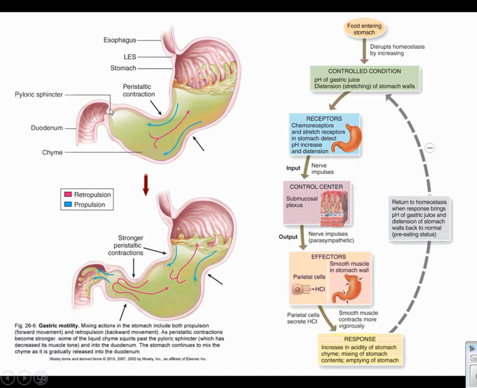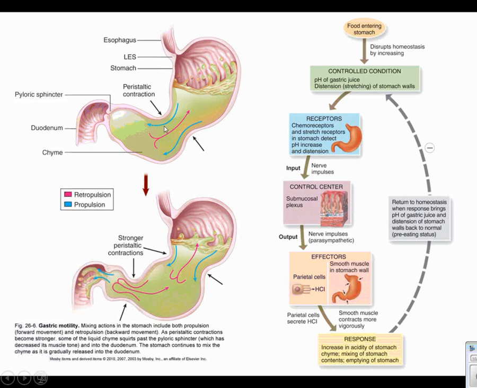But the first couple hours, we're not going to really dump much out. I mean, this figure here, we're showing that it's not going to dump anything out because that pyloric sphincter is closed. So moving the stuff towards the pyloric sphincter is called propulsion. But just like if you throw something up against the wall, it's going to bounce back.